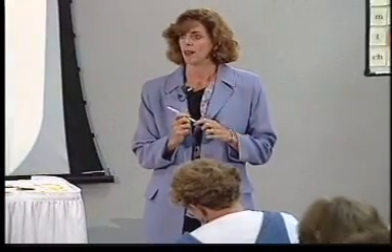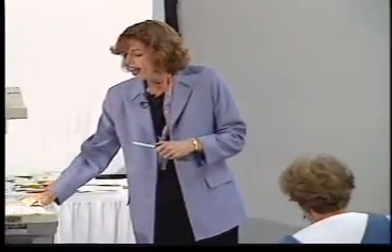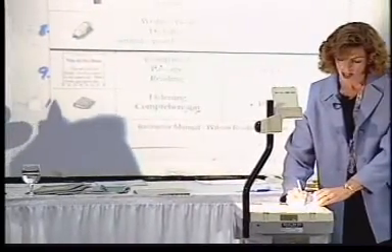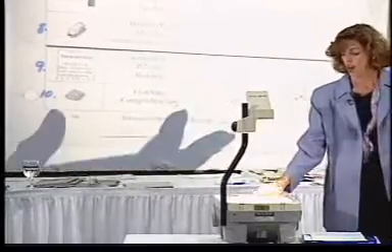Parts 6, 7, and 8 are encoding. What you teach for decoding, you turn around and then teach for encoding. And then parts 9 and 10, you're working on fluency and comprehension.